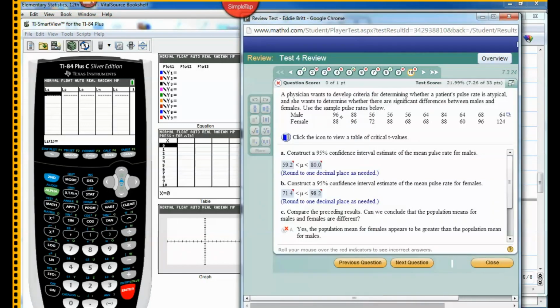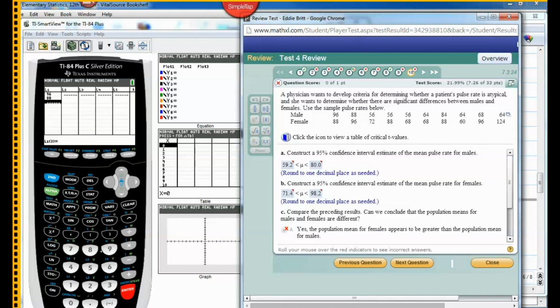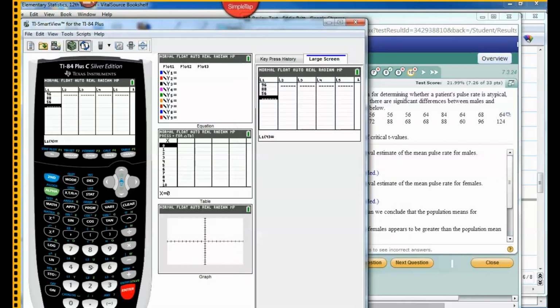Okay, so let's put these numbers into my list for males. So 96, 88, 56, 56, 56, 64, 84, 64, 68, and 64.